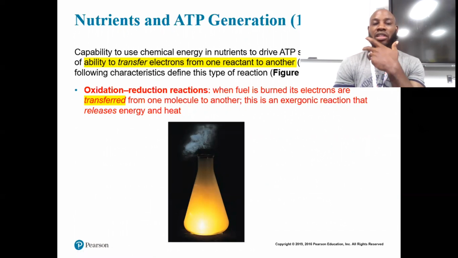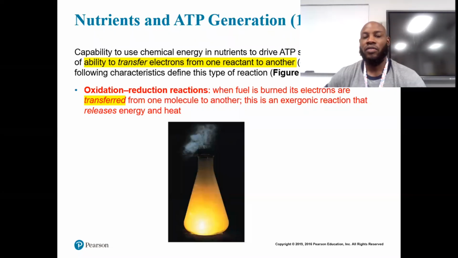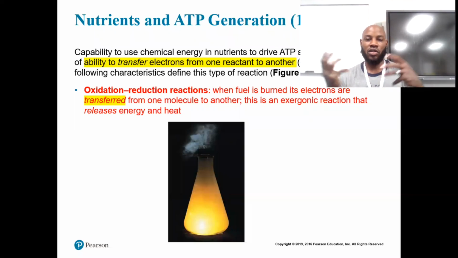All right, so the capability to use chemical energy is really a process of electron transfer. And we want to talk about transferring electrons from one thing to another. So you have the transfer of electrons, and that's the result of these reactions, right?